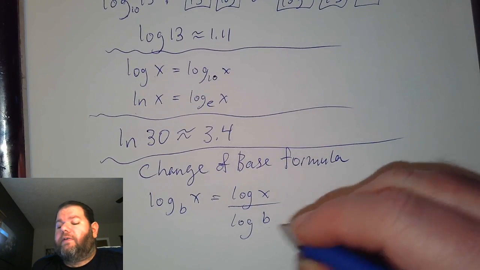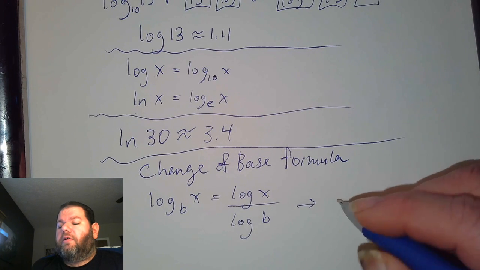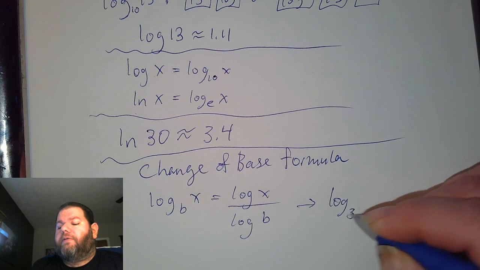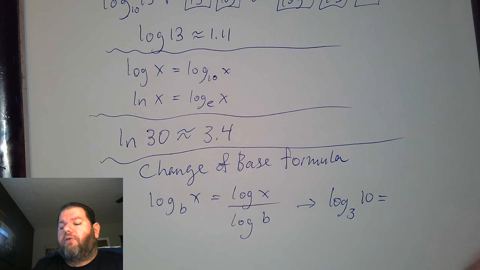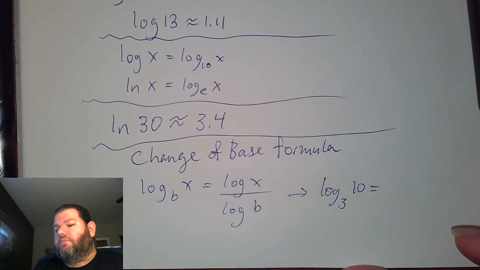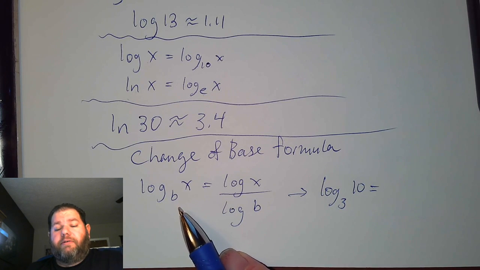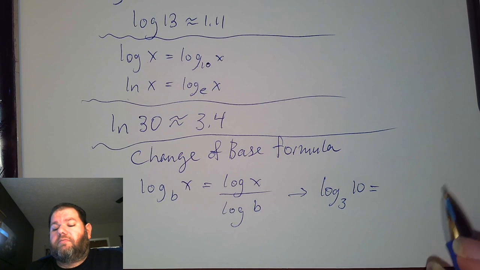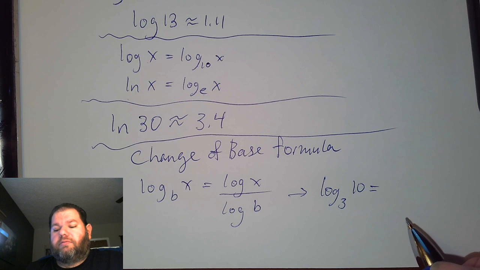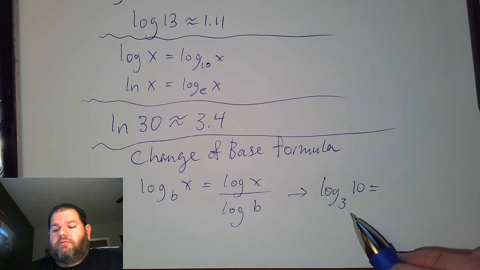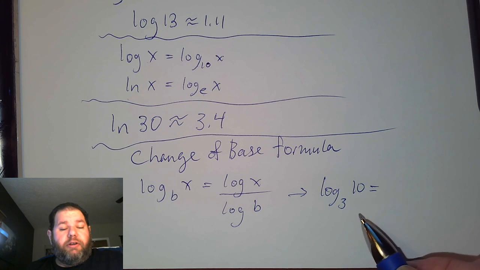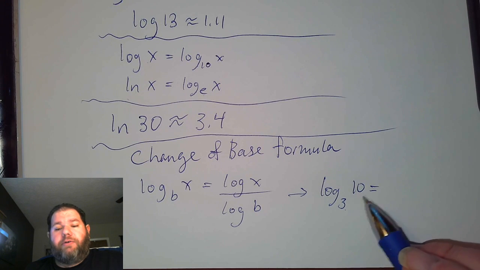For instance, what would log base 3 of 10 be, how would we calculate that, according to our change of base formula? Normally we look at this and say, okay, 3 to what power is equal to 10?